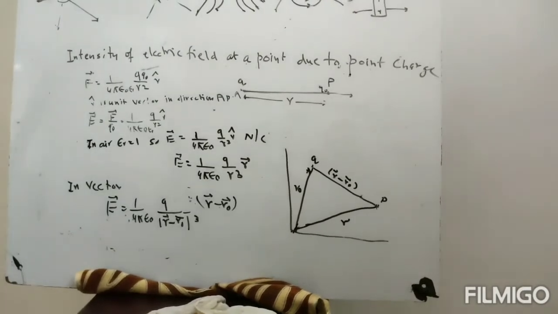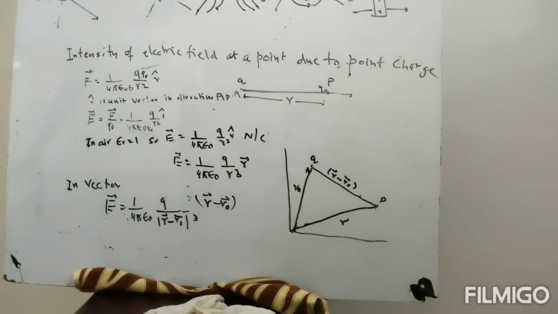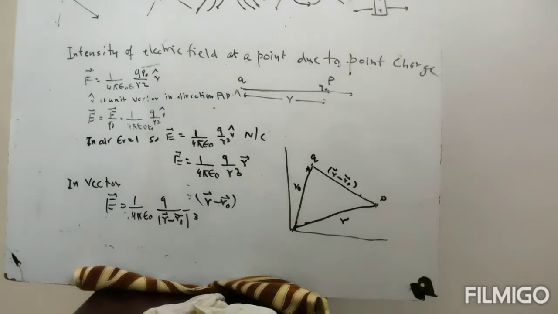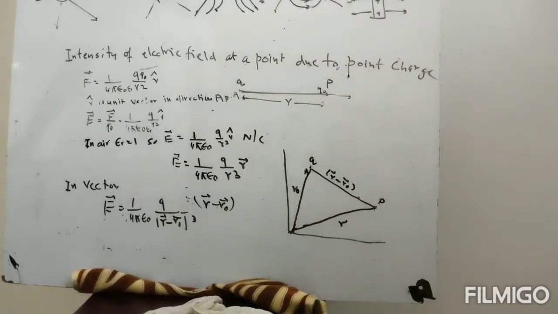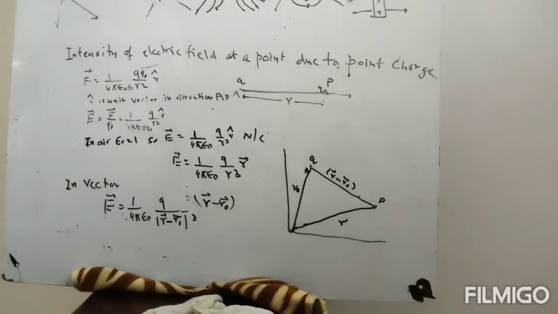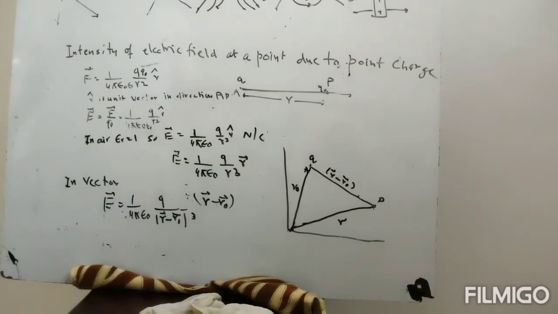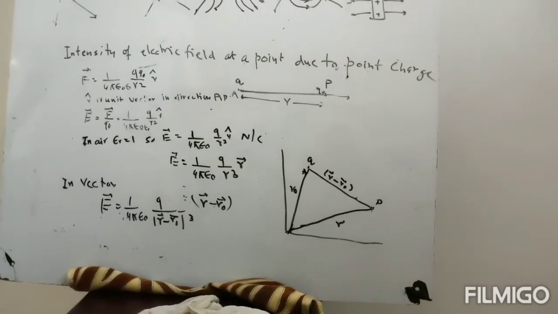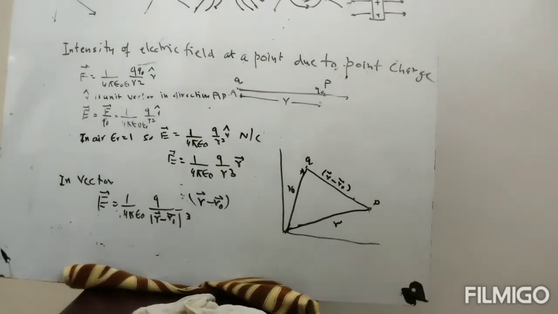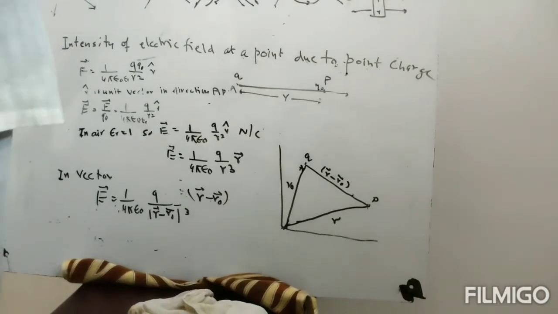So the electrical field intensity E will be equal to 1 by 4 pi epsilon 0, Q divided by the magnitude of R vector minus R0 vector squared, into the unit vector.